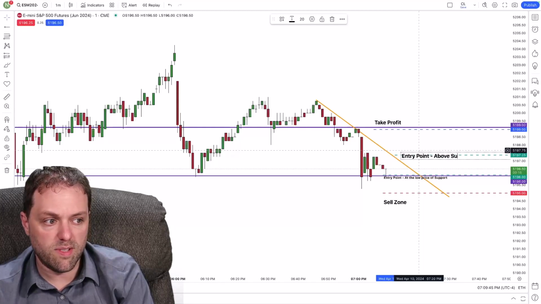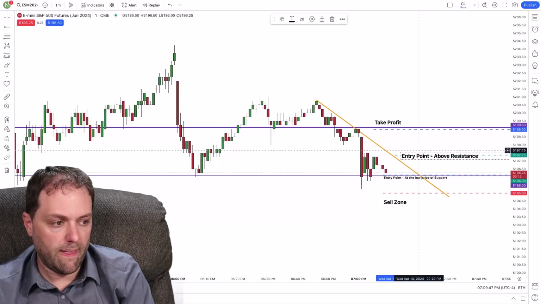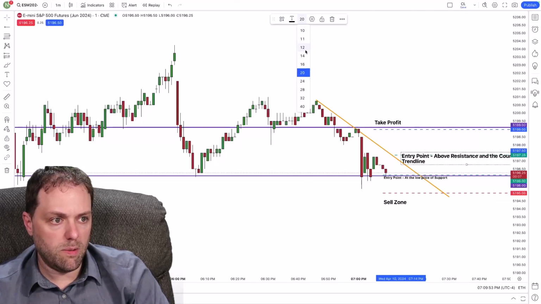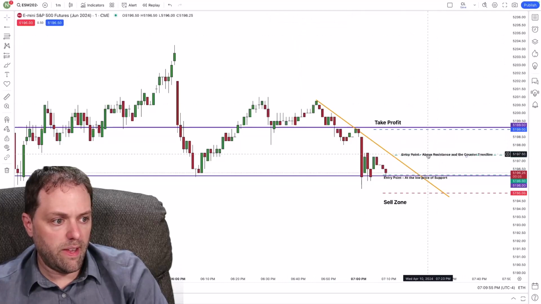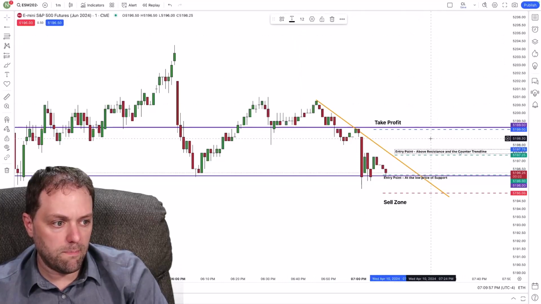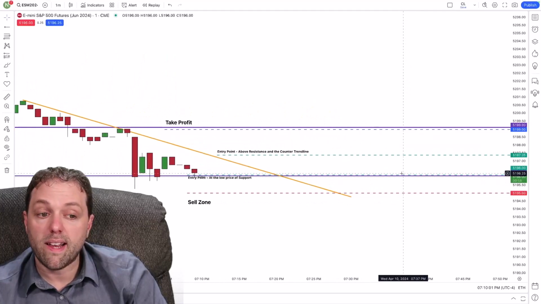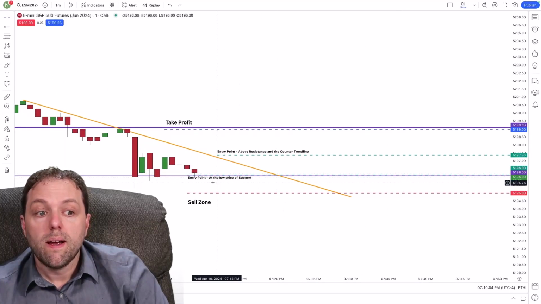Actually, this would be above resistance and the counter trend line. Make that a little bit smaller. And that would be my second entry point. So now I have two different entry points of where I can look to go.